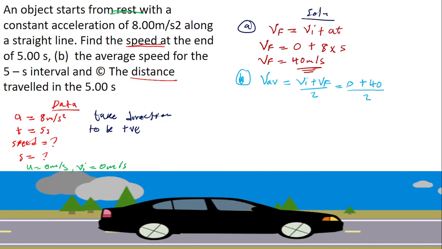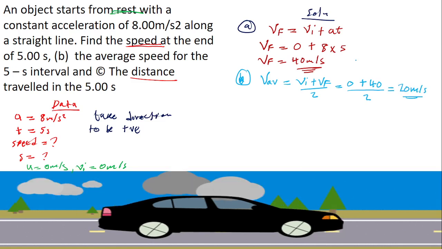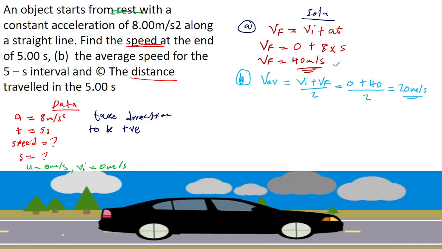So 0 plus 40 is simply 40. 40 divided by 2 is 20. So our average velocity is simply 20 meters per second. So these are the two ways you can, one, look for the final velocity, two, you can now look for the average velocity. So that's how easy you can work out that question.